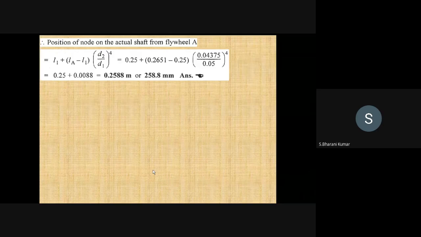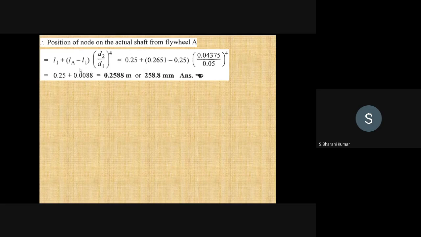Okay, so position of node of the actual system from the flywheel. I already told this. The position of the node of the actual system, where it will be, has to be calculated. This is the formula: L1 plus LA minus L1 into (d2 by d1) to the power of 4. This is not a general formula. It will vary for every system.